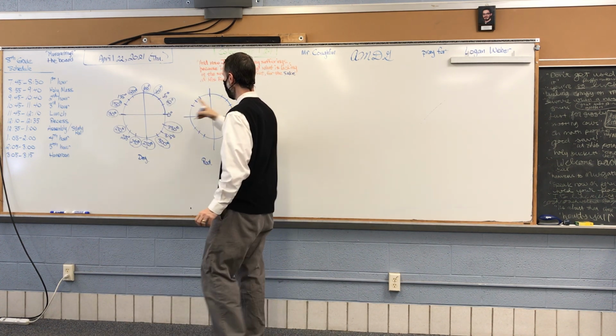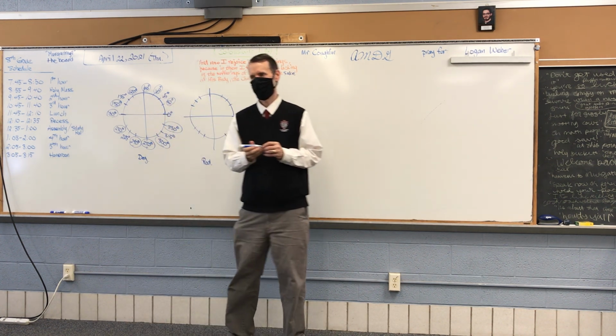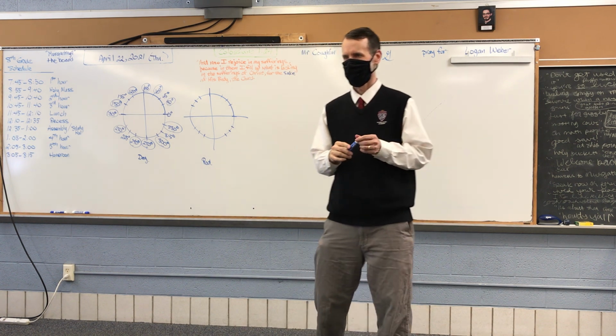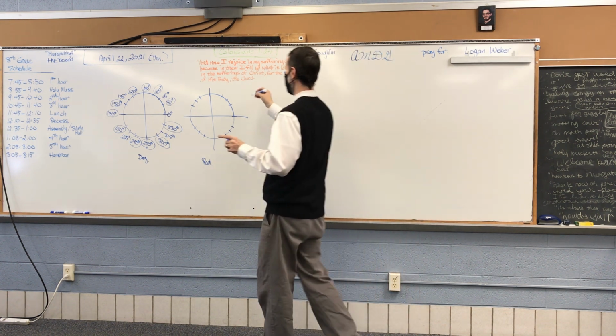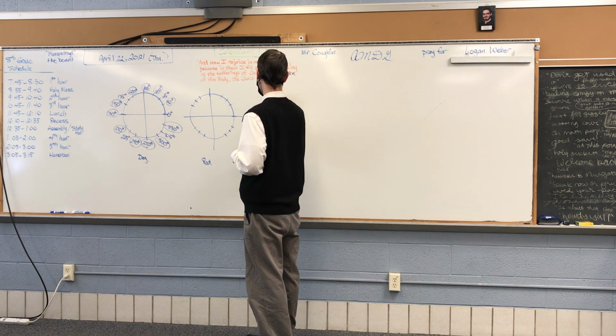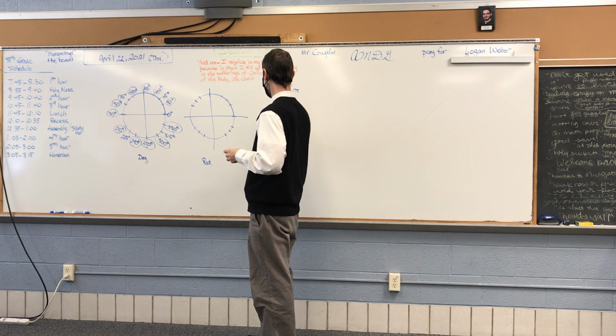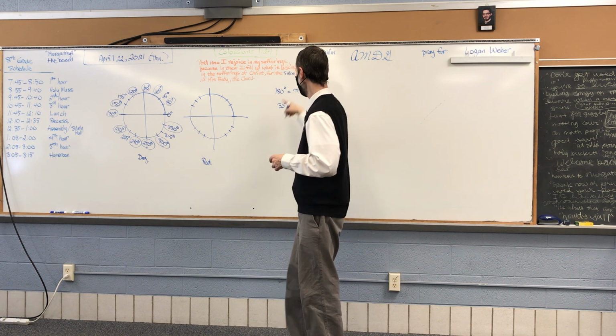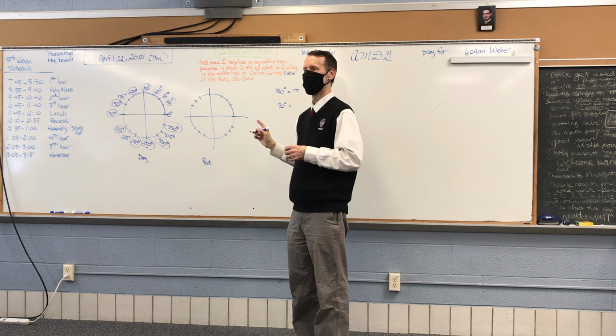Can somebody tell me what 30 degrees is in radians? What is the one proportion that everybody should memorize? Yeah. 180 degrees is how many radians? Pi. Can somebody tell me what 30 degrees is? What do you do to this side to get it down that far?